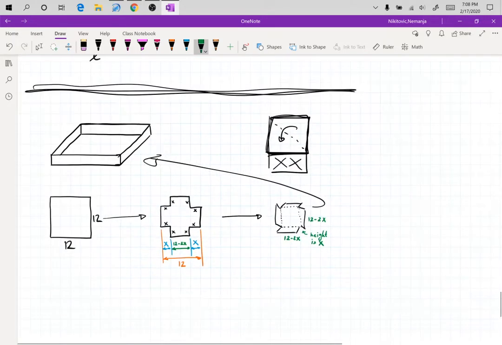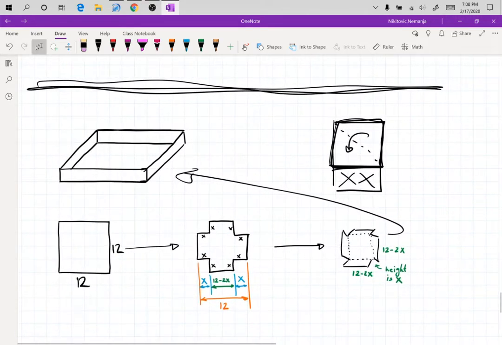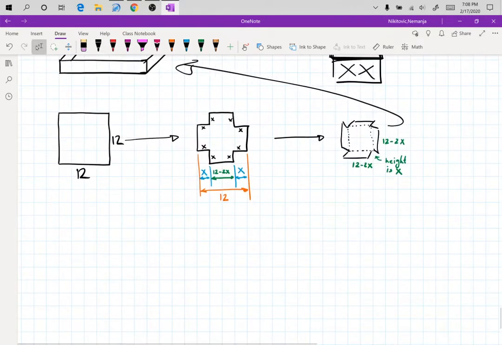So when you want to write the formula for the volume of the box, I'll draw another one.